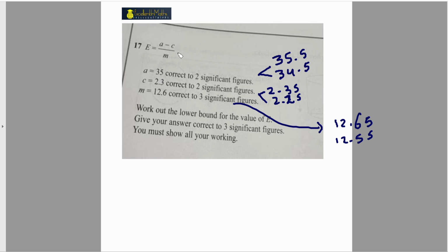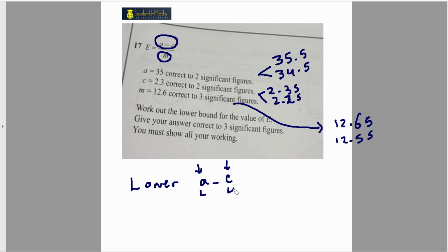Now he wants the lower bound for E. The lower bound for E means the lower of this divided by the upper of this. I need to find the lower of A minus C, which means I need the lower of that and the upper of that.